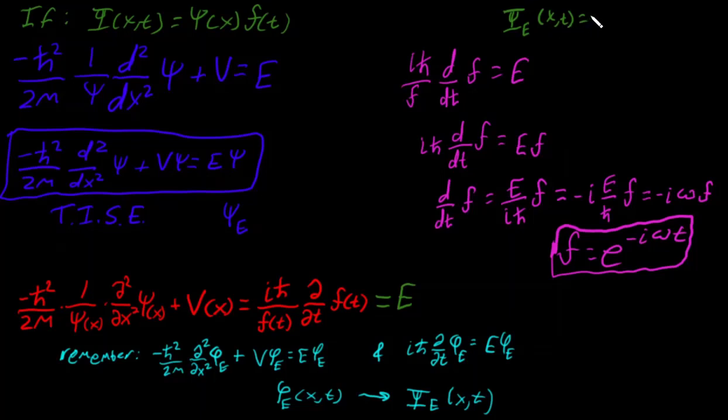This is going to be little psi e of x, which we get from this time-independent Schrodinger equation, times f of t, which is e to the minus i omega t. Right? So this is a solution to the time-dependent Schrodinger equation. It is not all of the solutions, but I will show you how we can get from this solution to all of them.